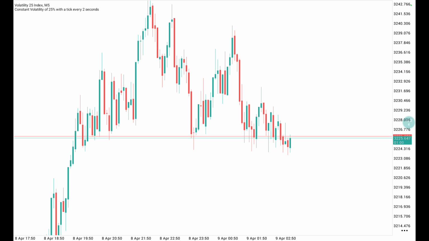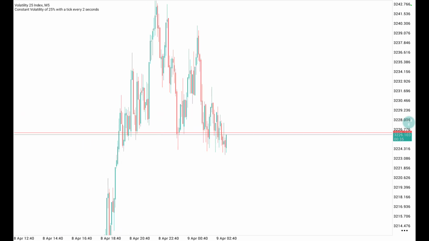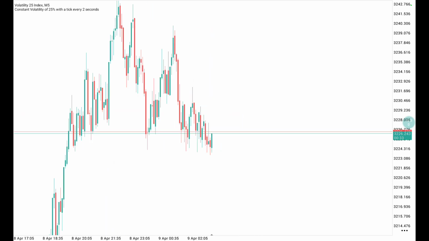Market structure shift is also a breakup structure. The only difference between market structure shift and breakup structure is that market structure shift is the first indication of a reversal. The first indication that price is going to reverse. That is what we call market structure shift.